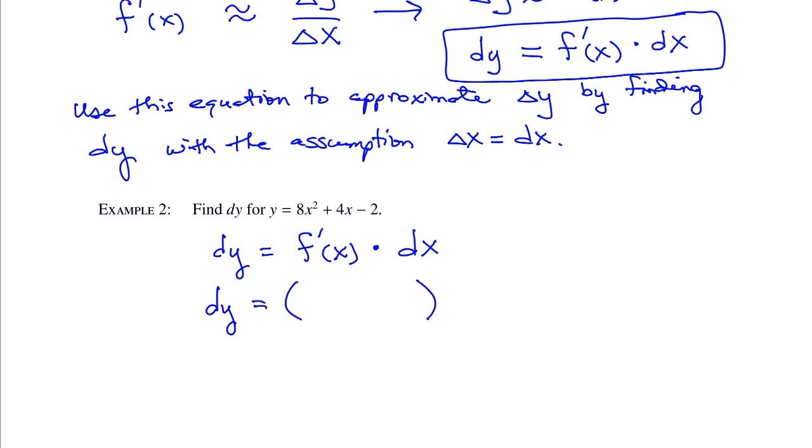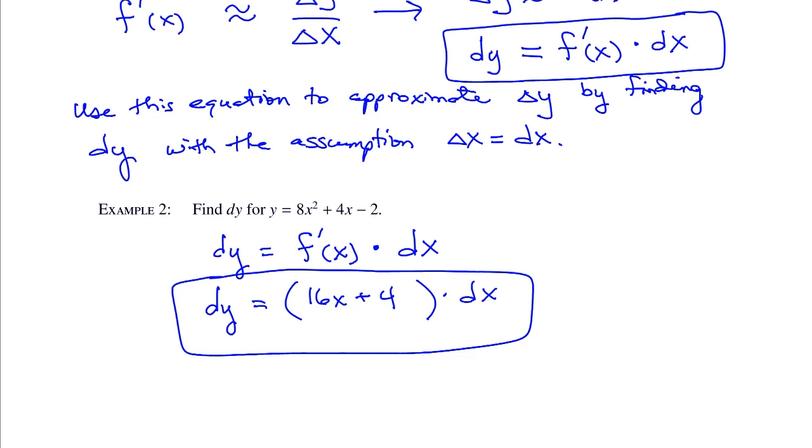What is the derivative of this equation? Yes, 16x plus 4, times dx. And that's it. We formed the differential of y by taking the derivative of the function and then literally multiplying it by the differential of x. We will use the dx in applications, but here it's notational.